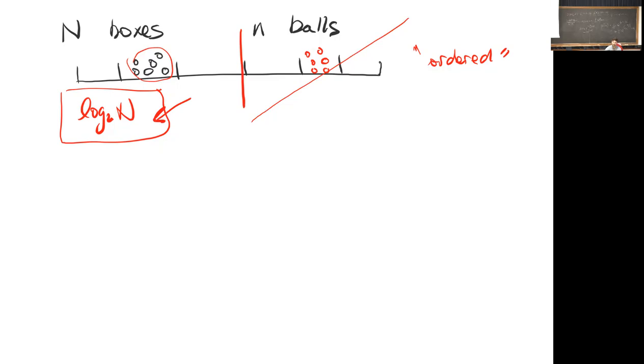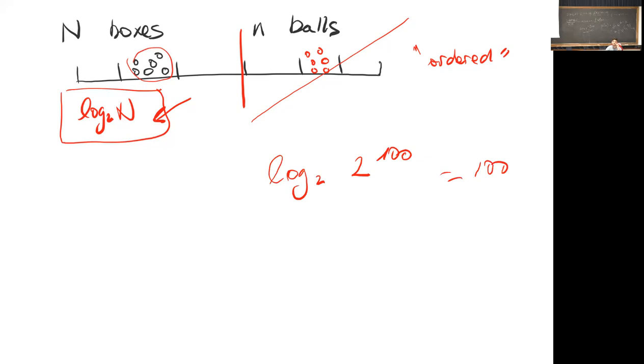That number can be variable. Yes, but you see that you take a log, so even the log in base 2 of 2 to the power 100, which is infinitely more than the number of particles in the universe, is still only 100. So you see that it's a very, very small number.